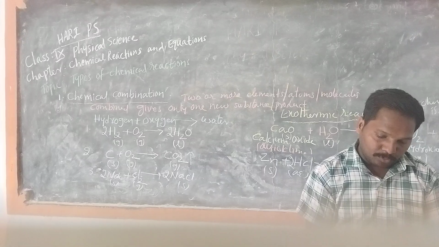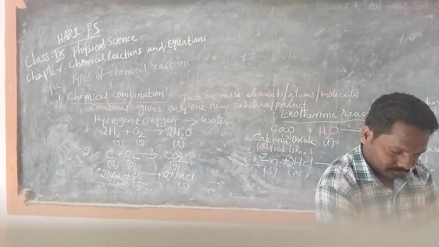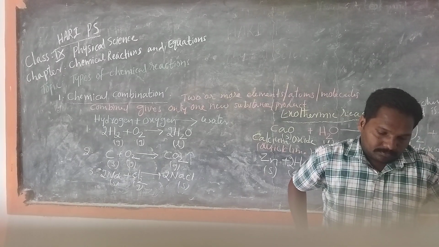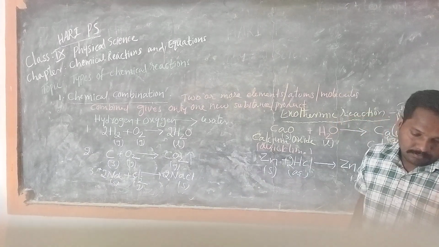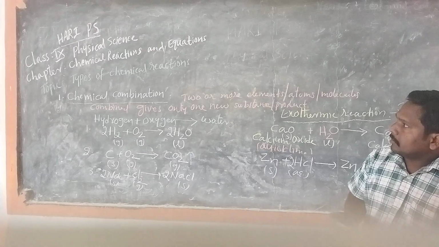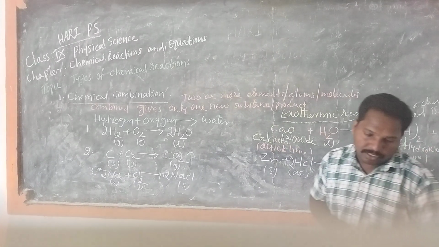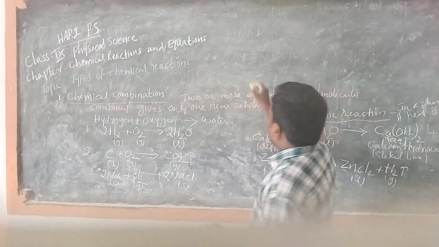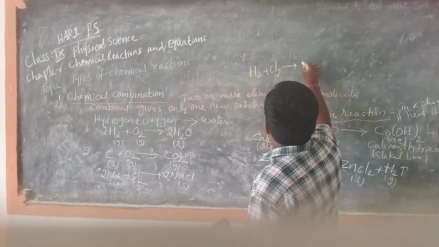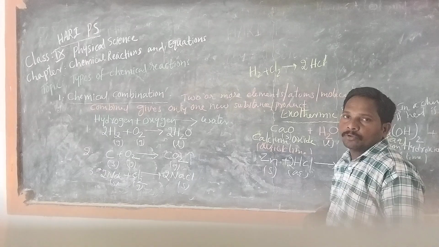Let us take more examples. Some examples we have already discussed. Here are some other examples for understanding chemical combination. If hydrogen combines with chlorine, it forms hydrogen chloride, or hydrochloric acid.